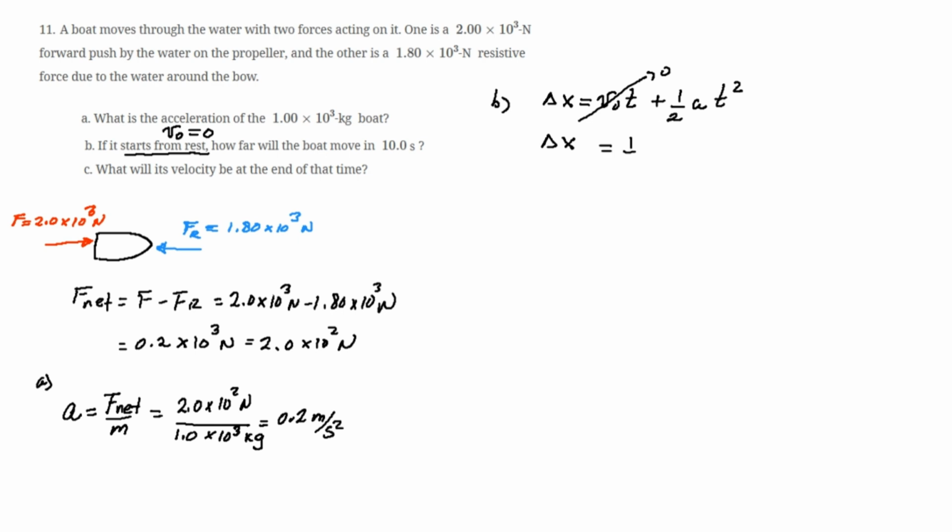We know a is 0.2 meters per second squared, so this is 1 over 2 times 0.2 meters per second squared times the time, 10.0 seconds, squared. When we calculate how far this boat goes in 10 seconds at this acceleration starting from rest, we find that it goes 10 meters.